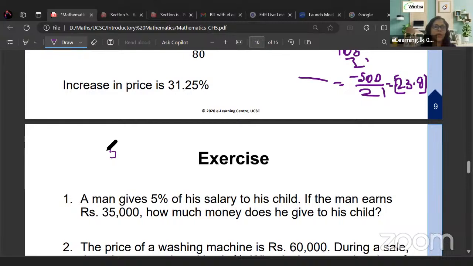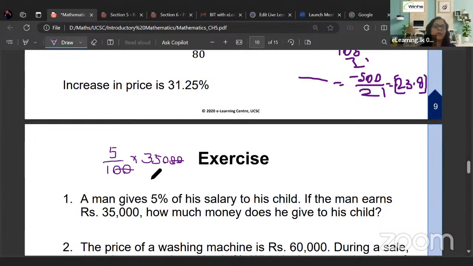Instead of 5%, you can write it as 5 divided by 100. Then multiply it by the value, 35,000. Yes, Dilusha has also done it. You can cut off these two zeros.